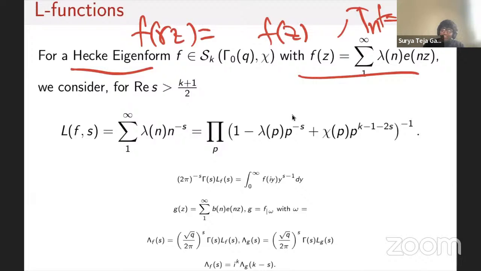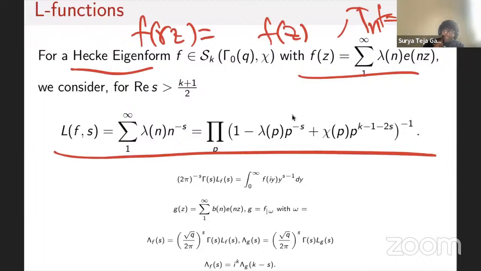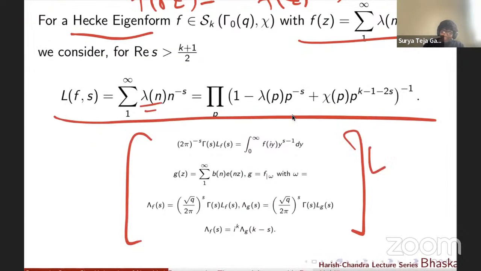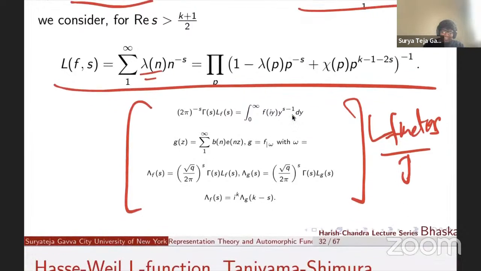Then once you start with such a function, you can write something called an L function for the function by putting together a generating series for the Fourier coefficients. And the L function has really, really nice properties. These are, if you remember, really important objects.